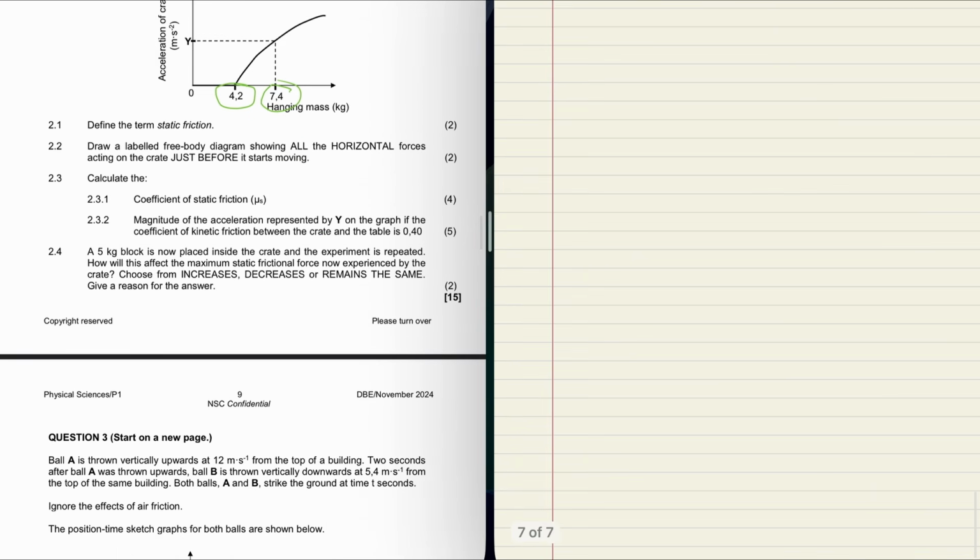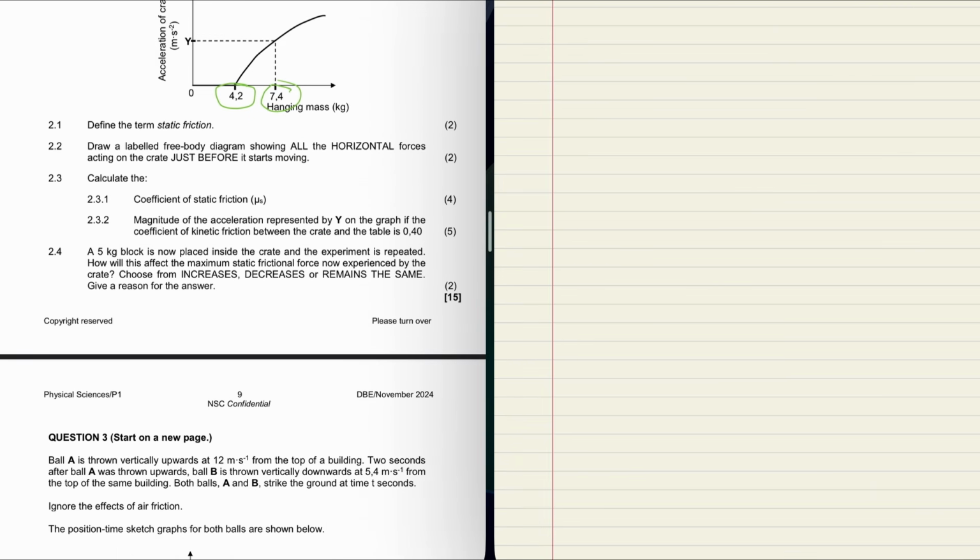Question 2.4: a 5 kilogram block is now placed inside the crate and the experiment is repeated. How will this affect the maximum static friction force experienced by the crate? So remember, Fs max is equal to mu s multiplied by Fn.